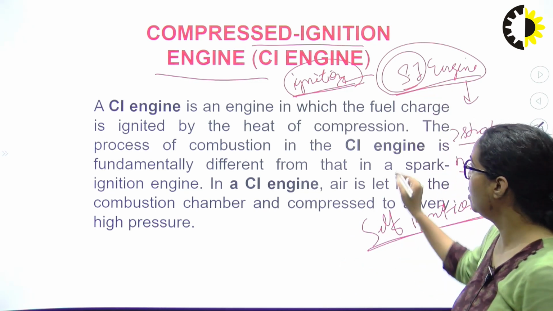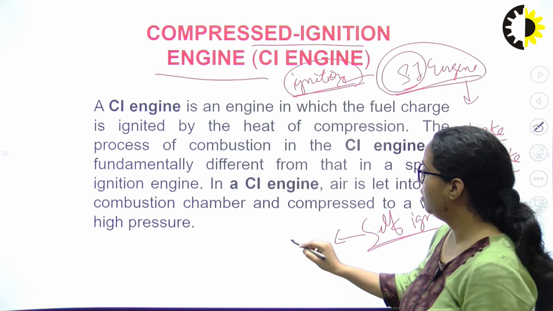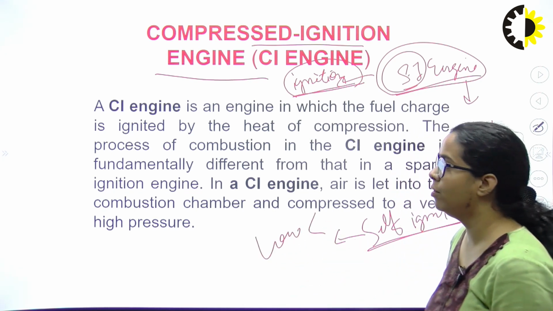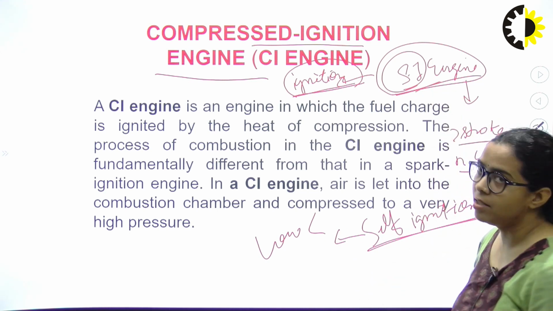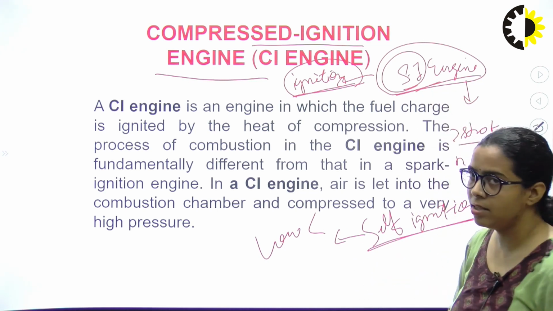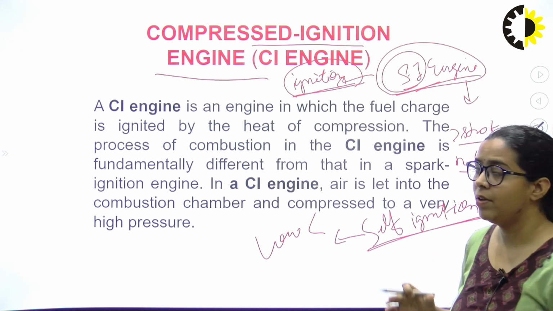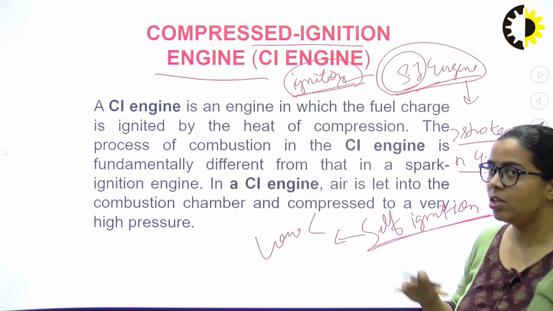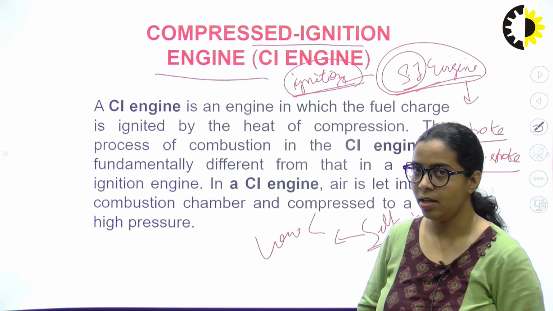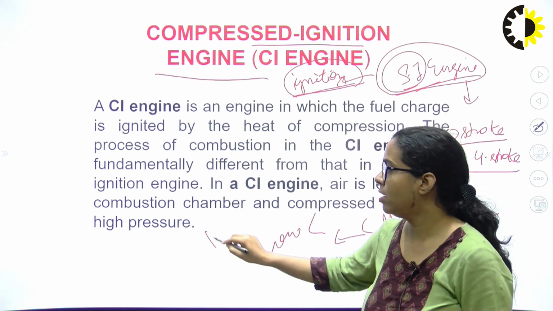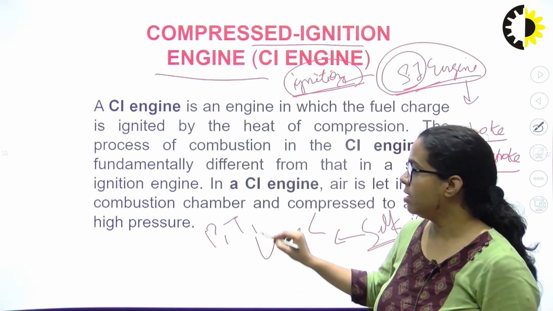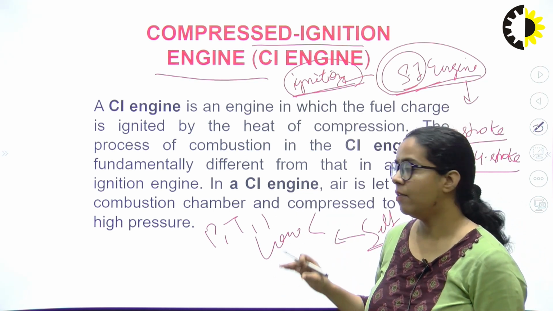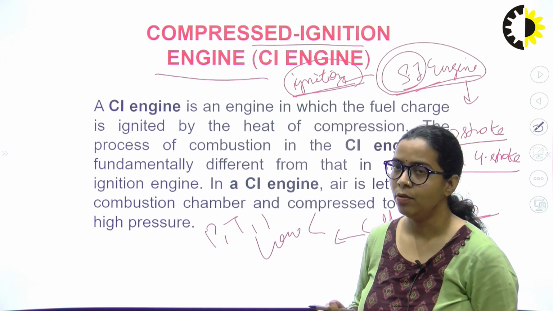In CI engine, we use a fuel whose self ignition temperature is comparatively very low relative to the fuel we use in SI engines. Compression is done inside the cylinder, which raises the pressure and temperature, and at a certain point when the pressure and temperature inside the cylinder are high enough to ignite the fuel, we supply the fuel with the help of fuel injector and fuel pump.